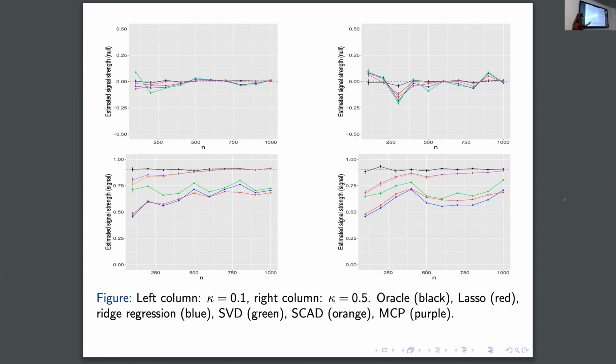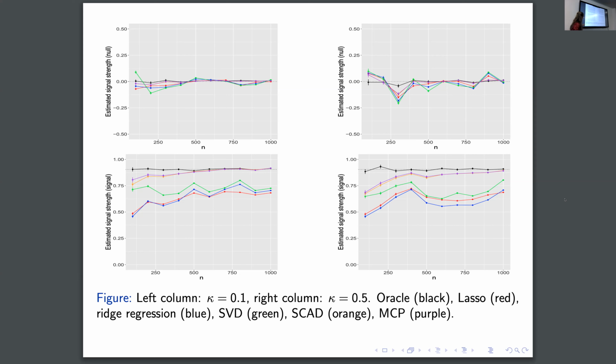As you can see, all of our approaches managed to identify that there was a signal in this variable. The Oracle version is very close to that signal, which shows that our method does have the potential to estimate it quite well. And if you look at the standard MCP, so orange and purple, you can see that for large enough sample sizes, they also estimated that signal quite well.